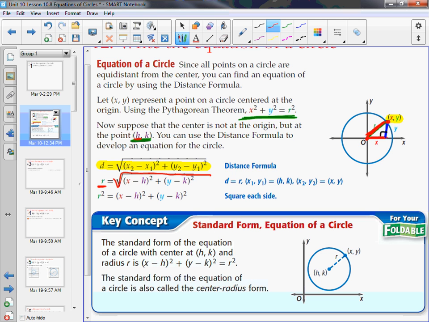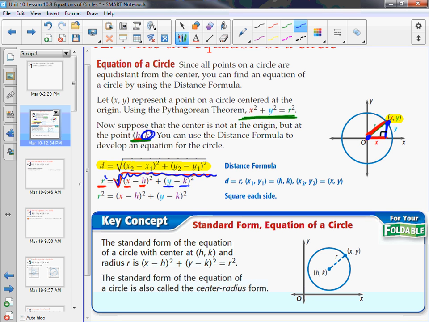Well, it's x2, x, minus x1, h, quantity squared, and then plus, and then what's the difference in the y-coordinates from here to the center? The center's not at 0, 0 anymore, okay? So it's y2, y, minus y1, which they told us was k. Square both sides, and now that's squared, and the square root sign is gone.